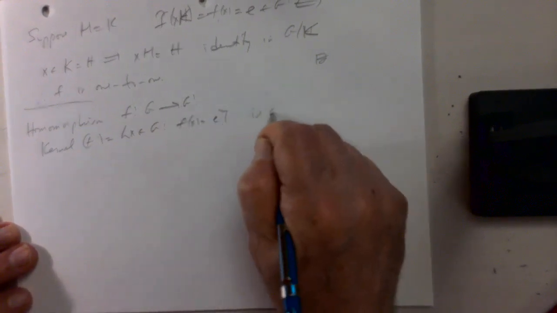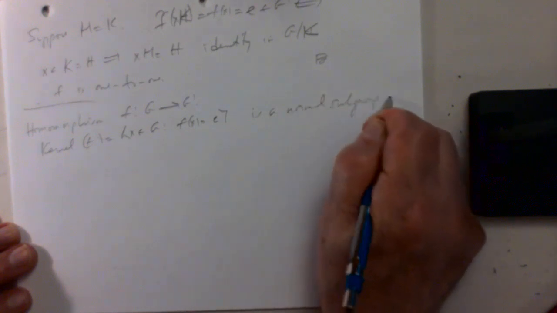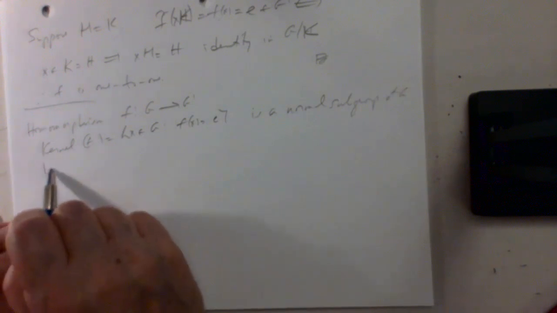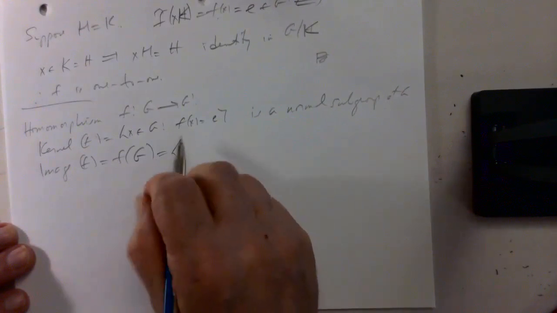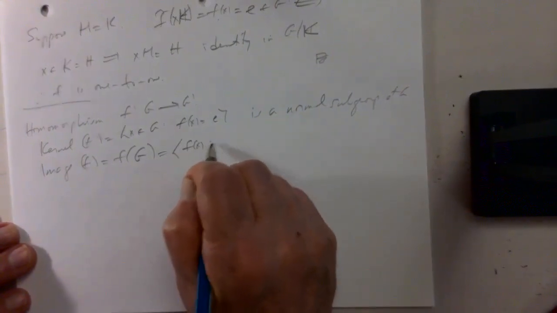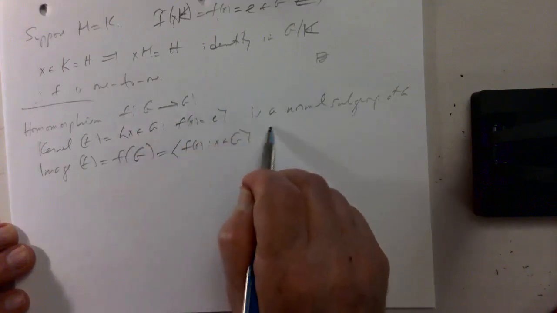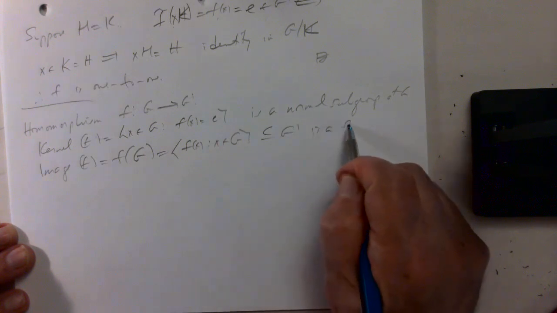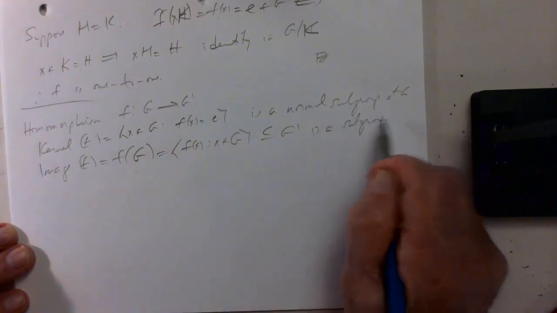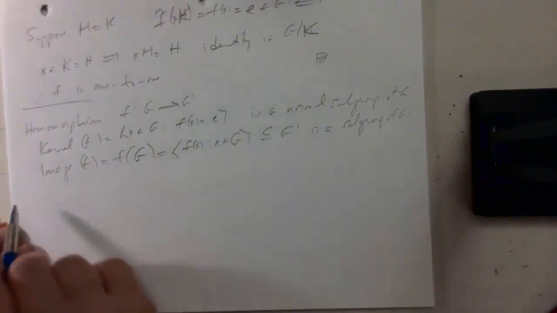So this is a normal subgroup of G. What is called the image of f, or f of capital G, is everything of the form f of x, x in G. Because if x is in G, f of x is in G prime. This is a subset of G prime. This is a subgroup of G prime, not a normal subgroup necessarily, but a subgroup.